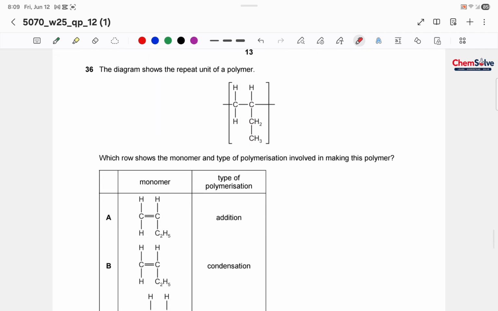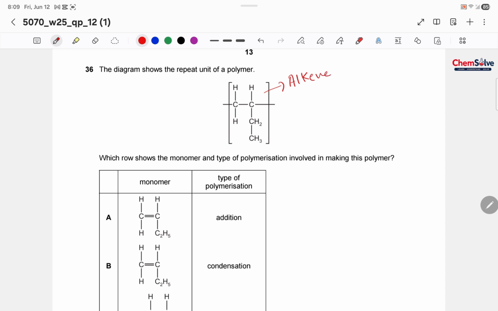Question number 36. The diagram shows the repeating unit of a polymer. Which row shows the monomer and the type of polymerization that is being involved? Okay, so this polymer is basically of a hydrocarbon, and it must involve an alkene.